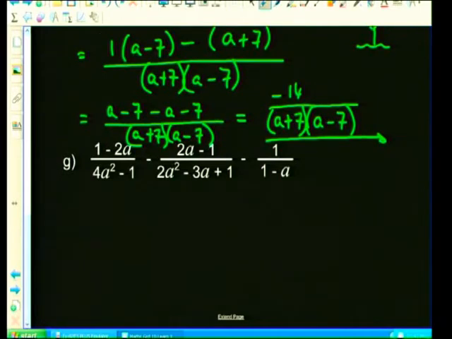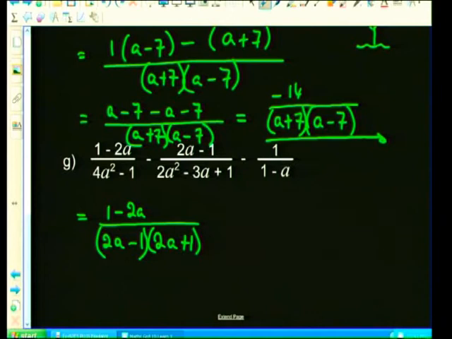Yes, we're going to have to factorize. 1 minus 2a on top, and we'll have a 2a minus 1, 2a plus 1 in our denominator. Ooh, perhaps we want to look at simplifying something there before we work out our difference in this question.